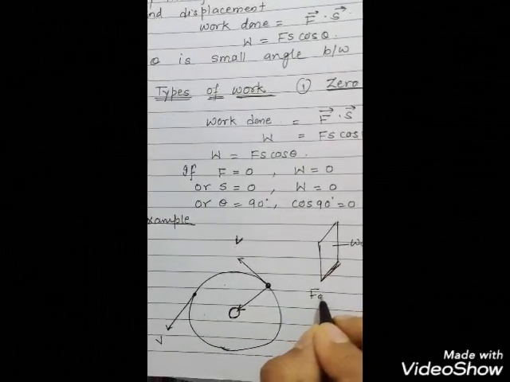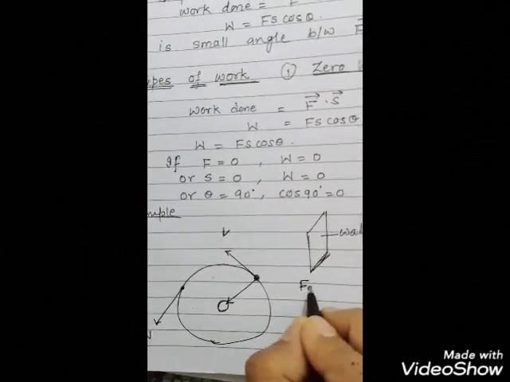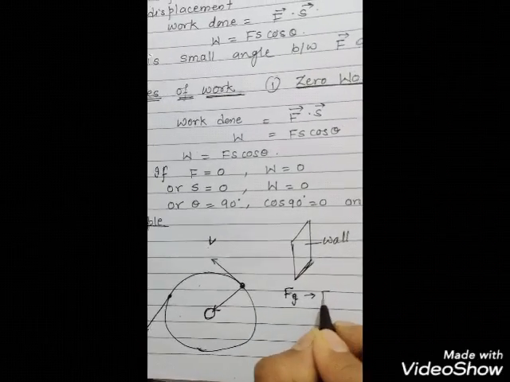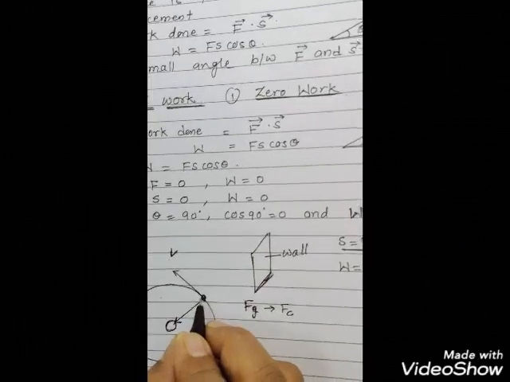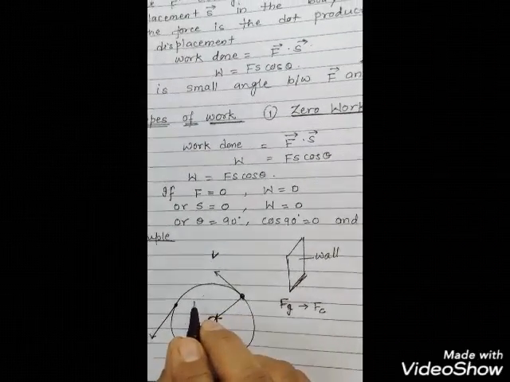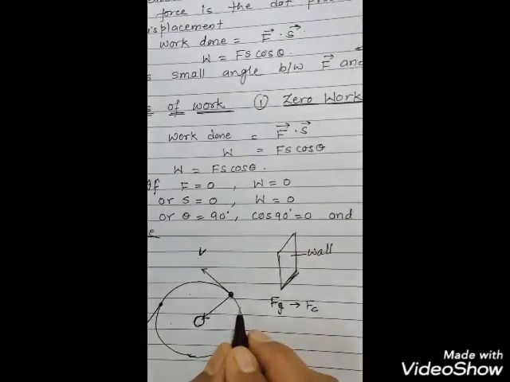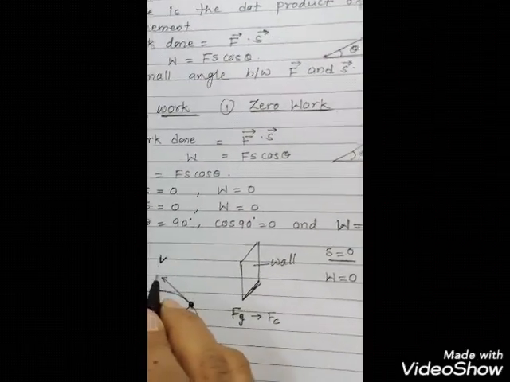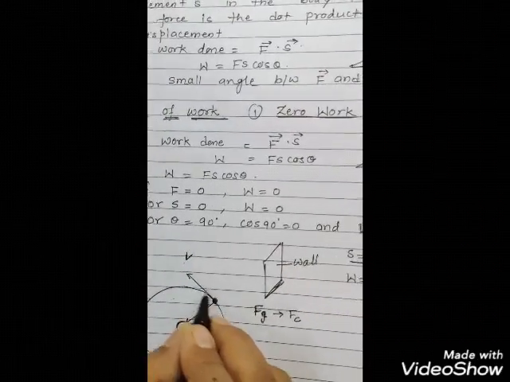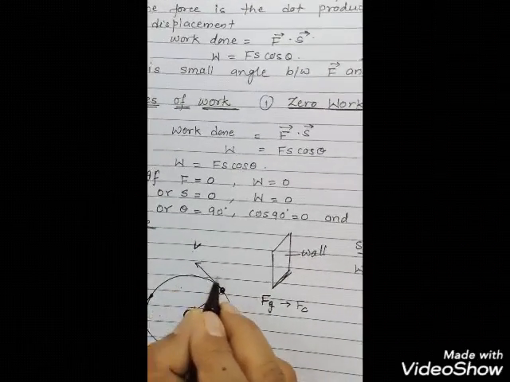That means the gravitational force will provide the centripetal force to the satellite, so that the satellite will revolve around a fixed orbit. But here you can see that whatever the direction of the velocity is, it is moving in the tangential direction.